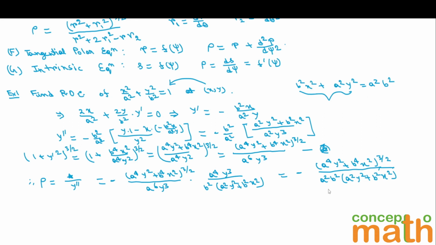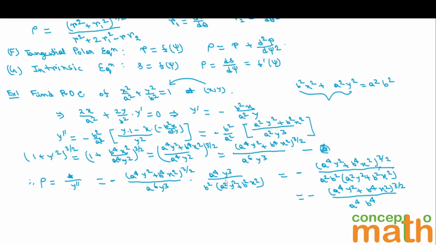So we can substitute this here in the denominator. So this will turn out to be minus (a to the power 4 y square plus b to the power 4 x square) whole to the power 3 by 2 divided by a to the power 4 b to the power 4.